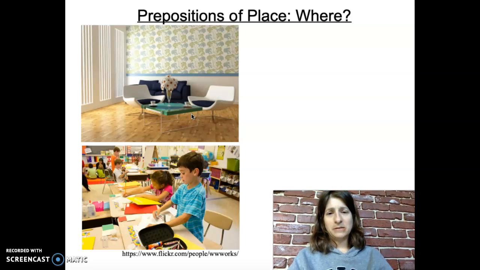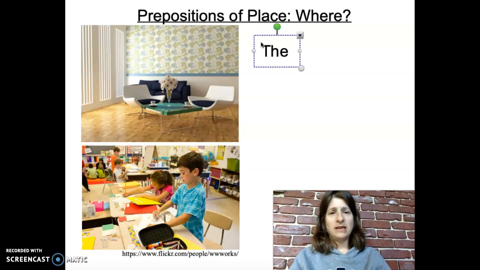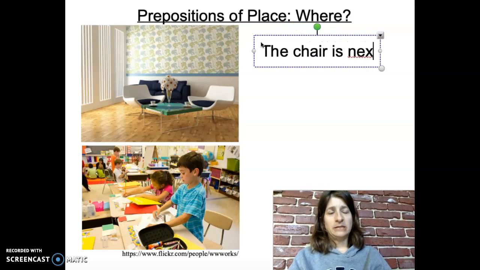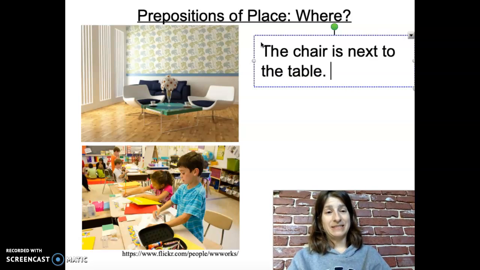Well, I want to say where it is in relation to the table. So maybe I could say the chair is next to the table because it's right beside the table. One is close to the other one.